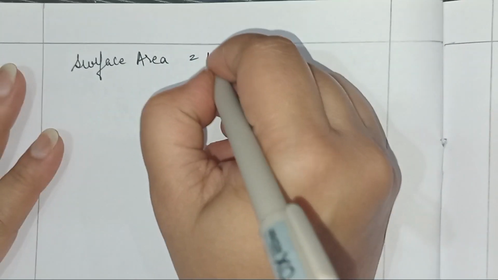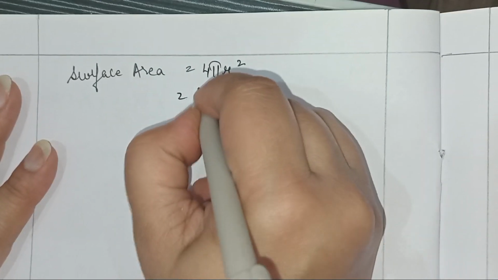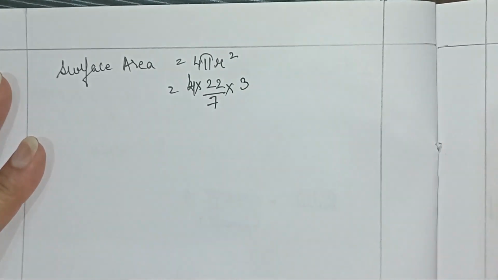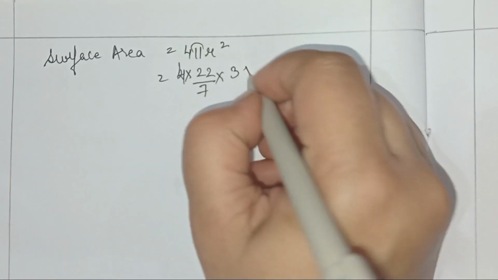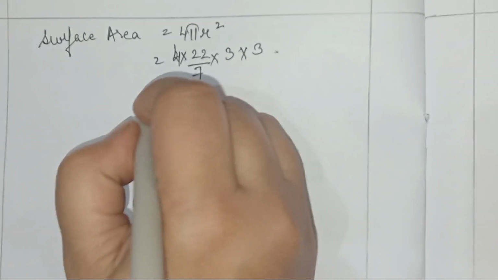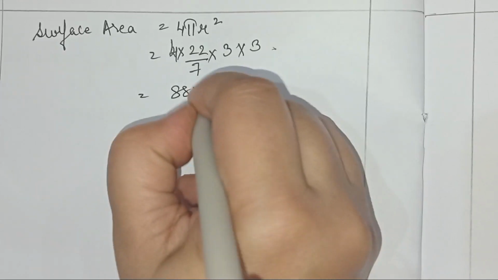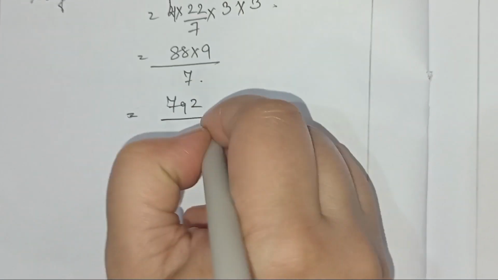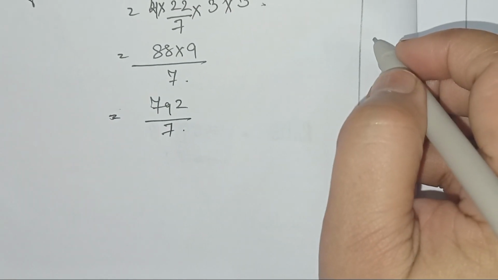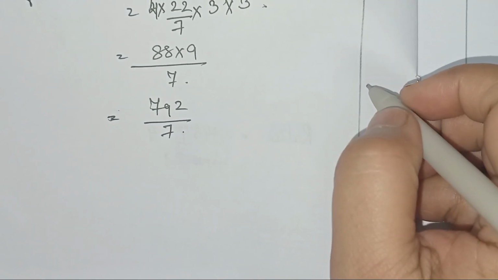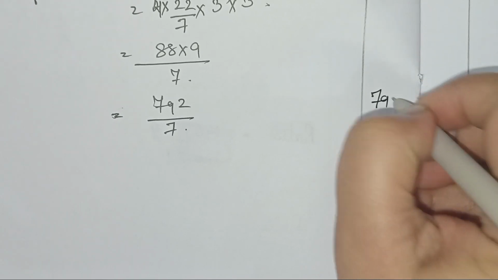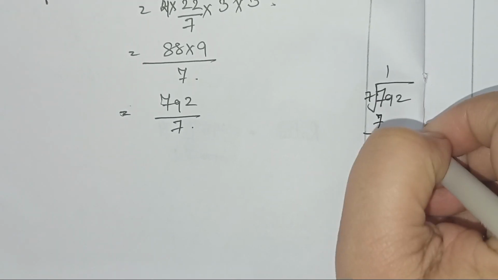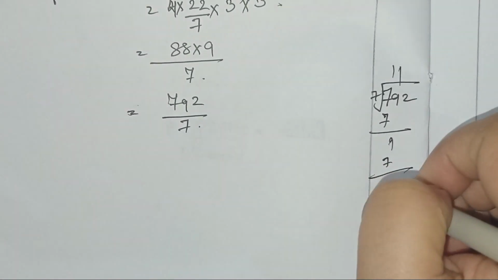Surface area is equal to 4 pi r square. 4 into 22 over 7 into r, which we have found as 3, into 3 will give you 88 into 9 over 7, which is 792 over 7. 792 over 7, 7 ones 7.